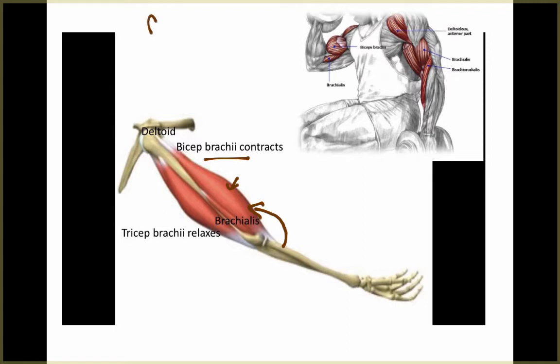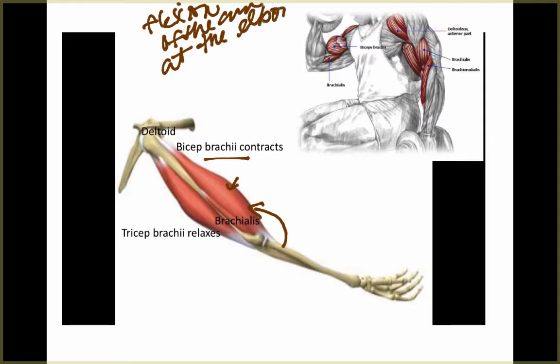So if we're talking about the flexion of the arm at the elbow, right? What are the agonists here? Well, agonist is going to be the biceps brachii.